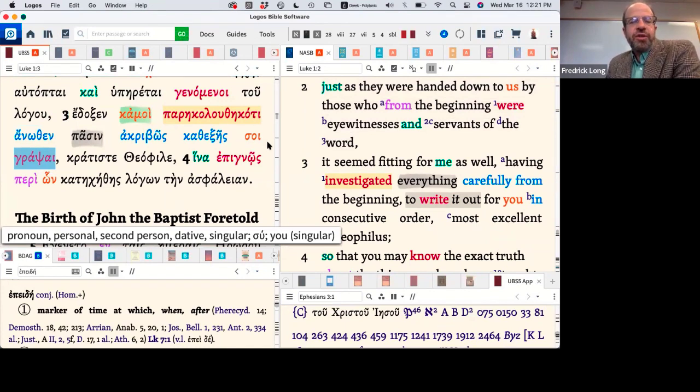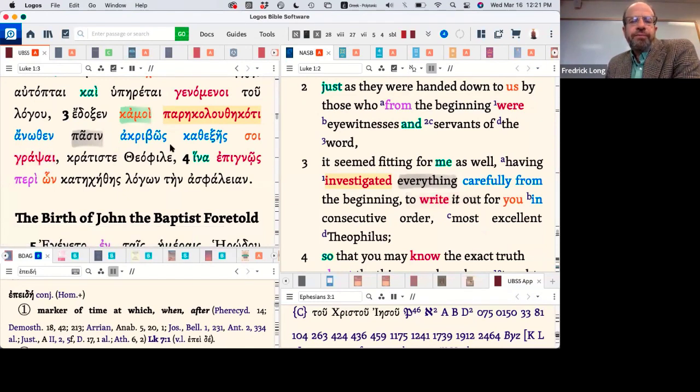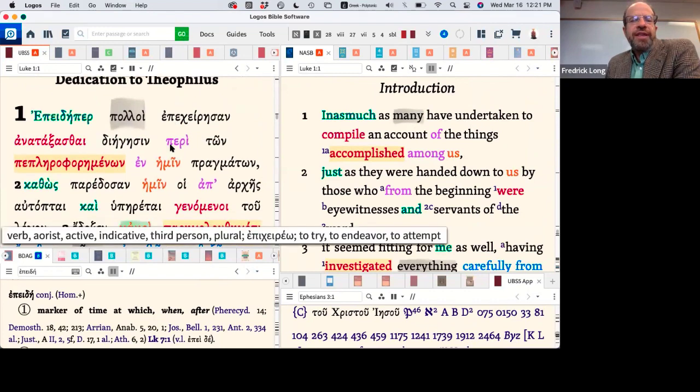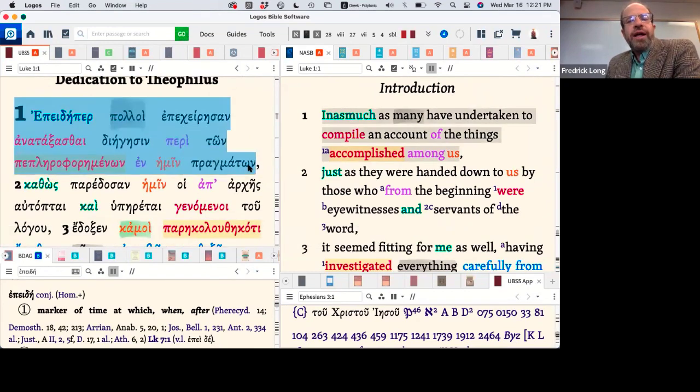So that's what Luke, that's the main sentence. It seemed good to me to write up for you an orderly, accurate and orderly account. So Luke is, I think he's saying this is a worthwhile topic. I think that's the main point.